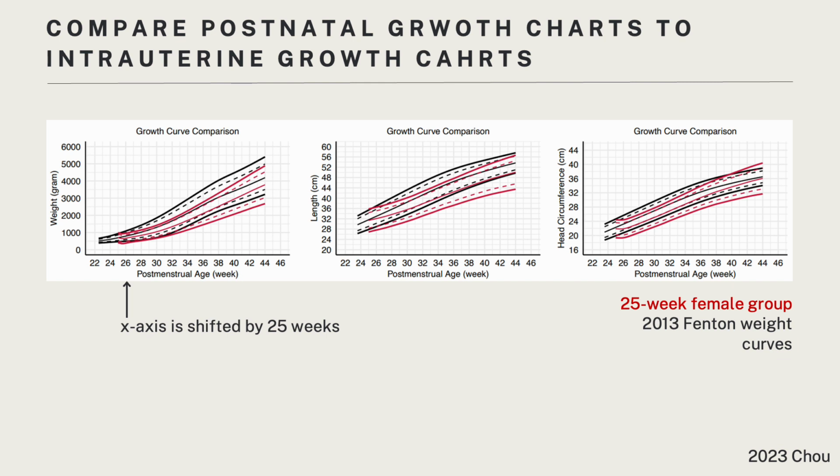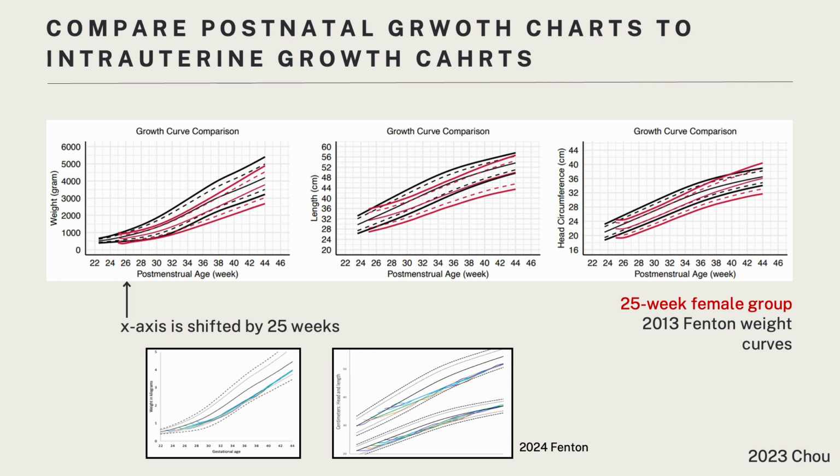In postnatal growth, lighter infants grow slower and heavier infants grow faster, but this is not always the case in intrauterine growth charts. For length growth, intrauterine growth curves follow a convex shape, whereas postnatal growth follows a concave shape. For head circumference growth, there is minimal growth in the first week of life, followed by a growth velocity that is similar or even faster than the intrauterine growth rate, depending on percentile curves.